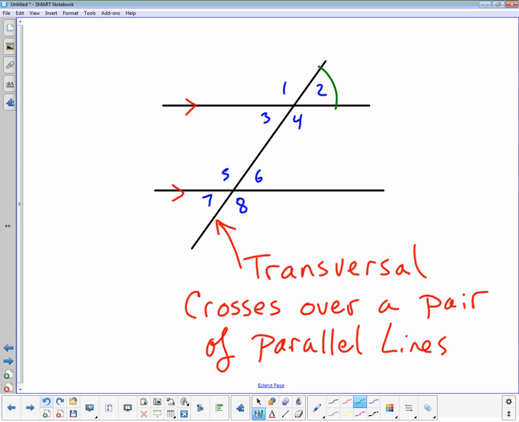But where's one that we know from all the stuff we've already learned? Why 3? Right there. What's the word? Vertical angles. Vertical angles are congruent. Remember this? All right, everyone smile and nod. Vertical, and say it together. Vertical angles are congruent. Thank you very much.